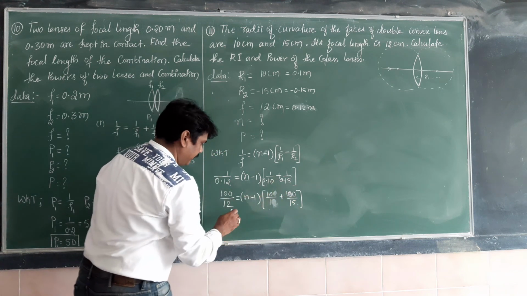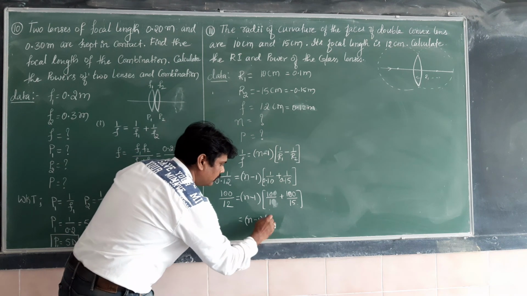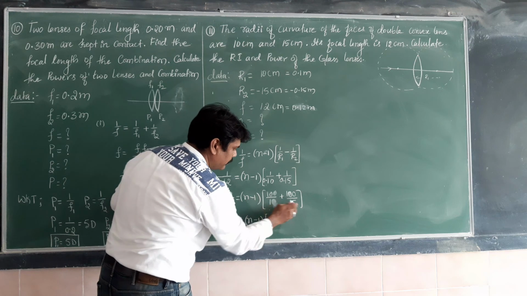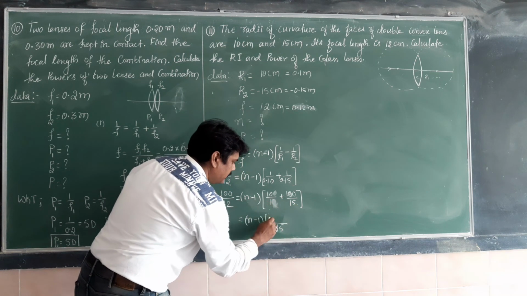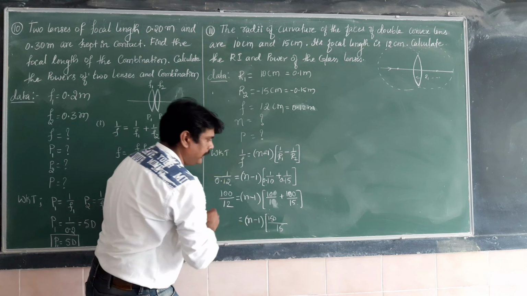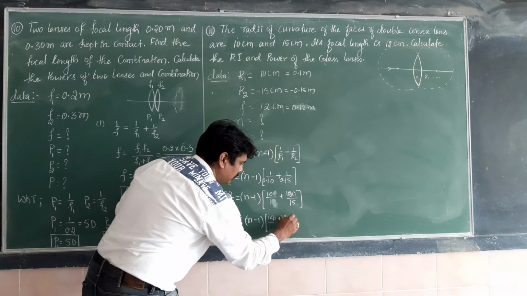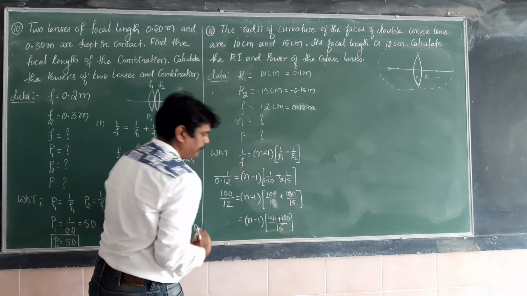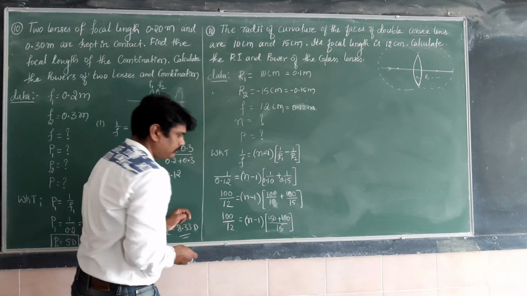It is easy to simplify, which is equal to n minus 1 of, now you simplify this one, the LCM is 15. It becomes 15 into 10 is 150, plus 100. Here the left hand side is 100 divided by 12 only.